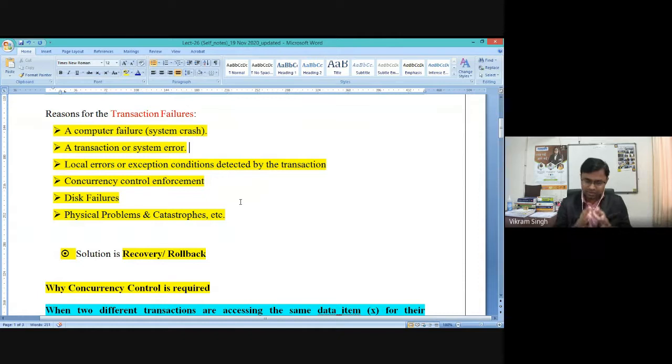Within the rollback strategy, within a rollback algorithm, subsystem or system, you need a recovery algorithm. So recovery is the smaller aspect. It is basically a sub-concept, within rollback, right?